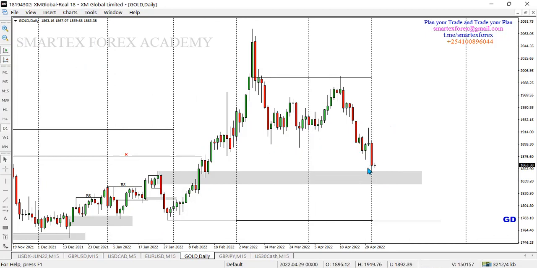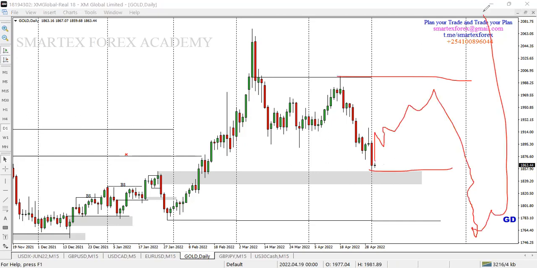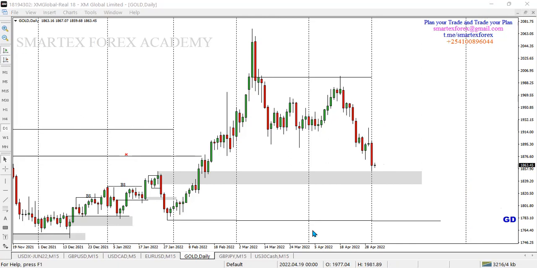So it's either we get the up move long term, or we get a correction back to this range here, before we drop again to these zones and go up.